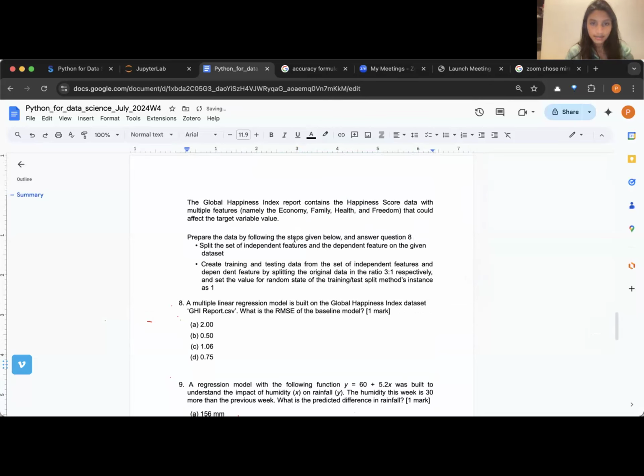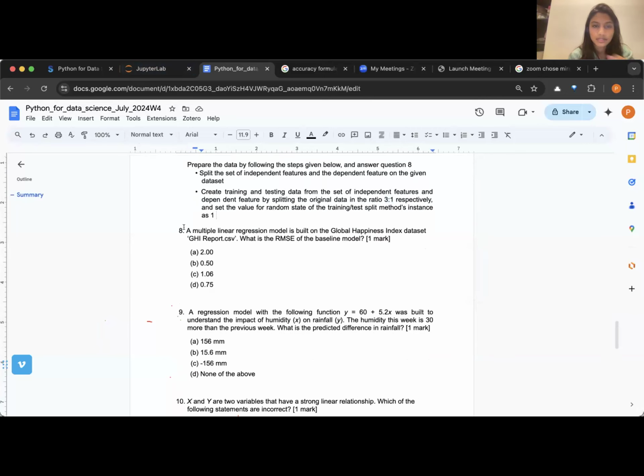Prepare the data by following the steps. Split the set of independent features and dependent features. Create training and test data from this. Split using the ratio 3:1 and set the value for random state as 1. Basically the same thing that you did earlier.